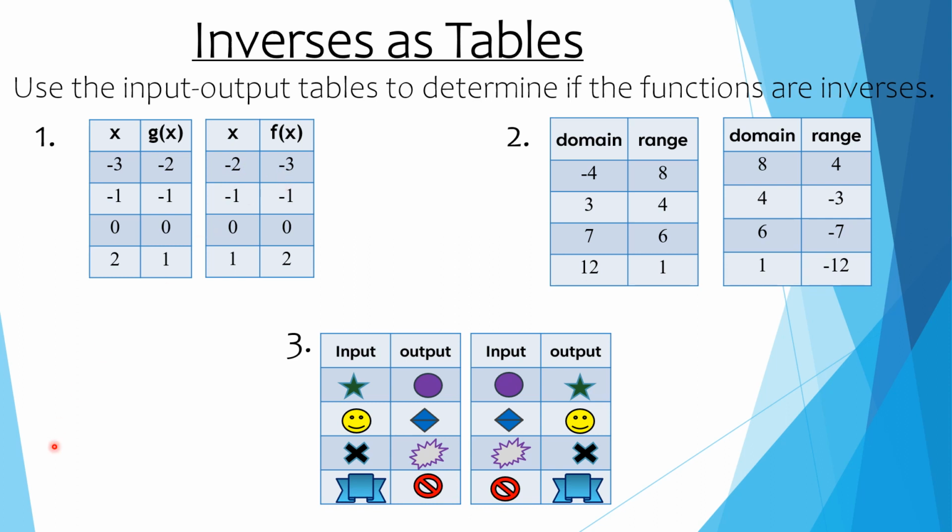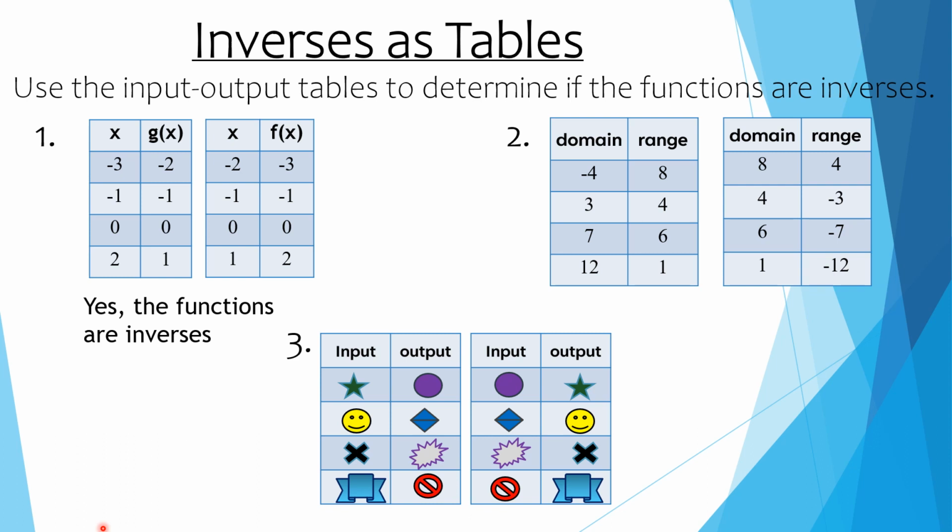It sure does. Now check each of those points. -1, -1. They're the same number, so when I switch them, they'll become -1, -1. And then the same for the origin, 0, 0. Its inverse point would be 0, 0 as well. And our last one to check is the original function g of x has a point 2, 1. The inverse function has a point 1, 2. So that means, yes, those two functions are inverses of one another.